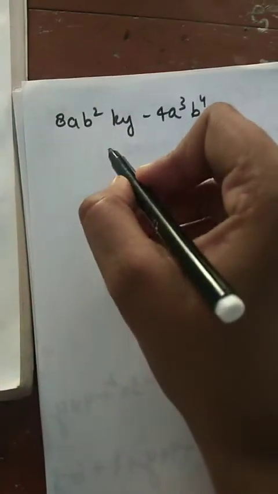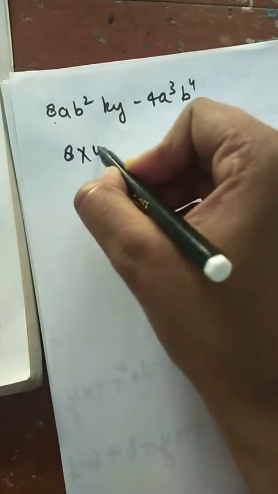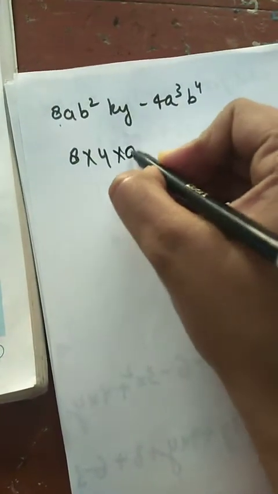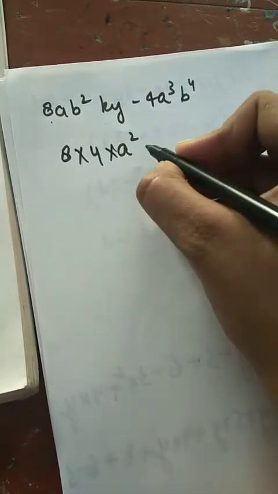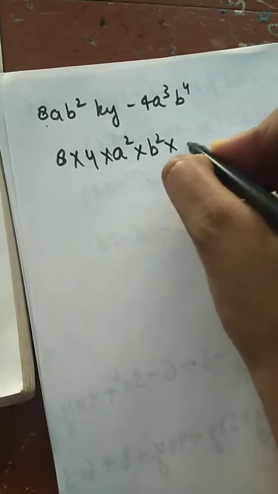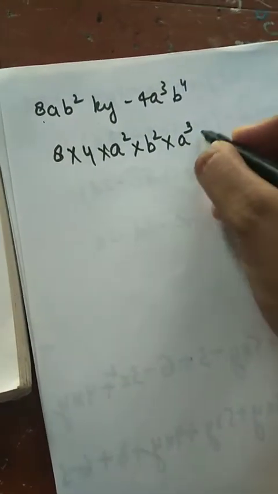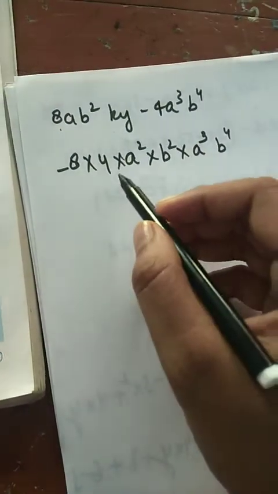Now here what we will do, first of all we will multiply the constants together and we will write like this. Then we will multiply the variables together and we will put the minus sign here. We have put the multiplication sign in between.